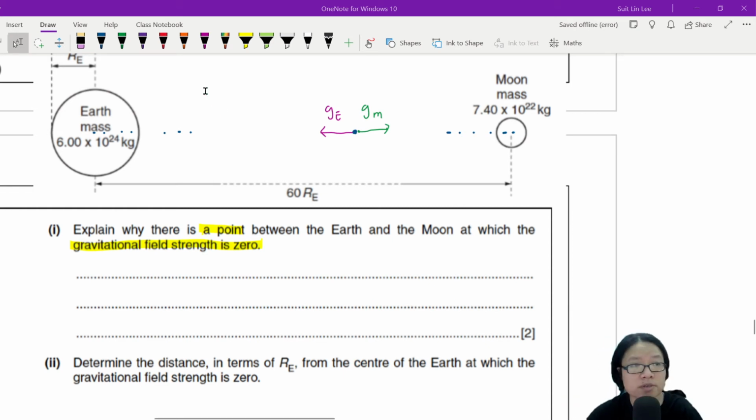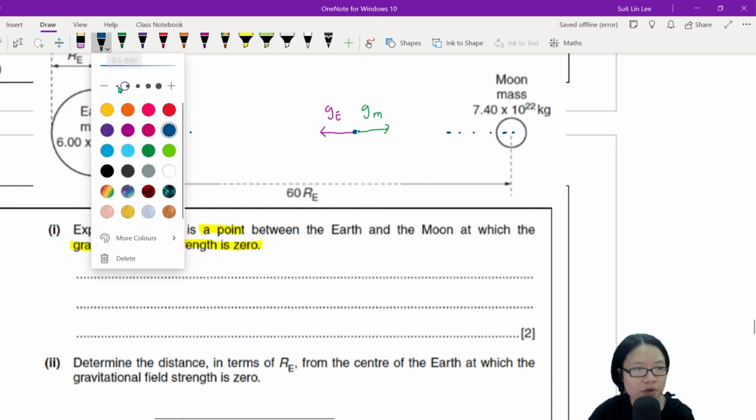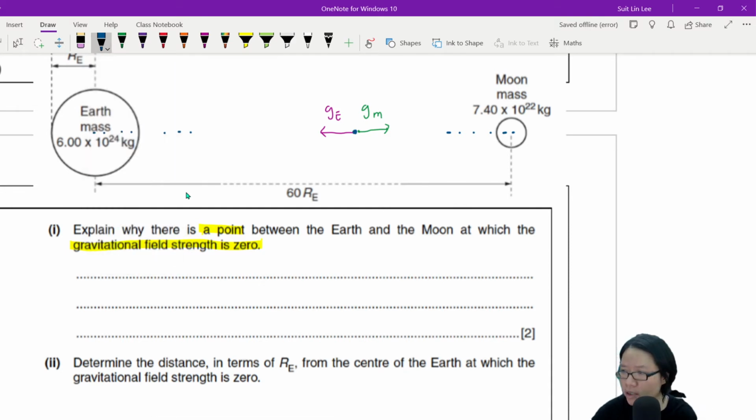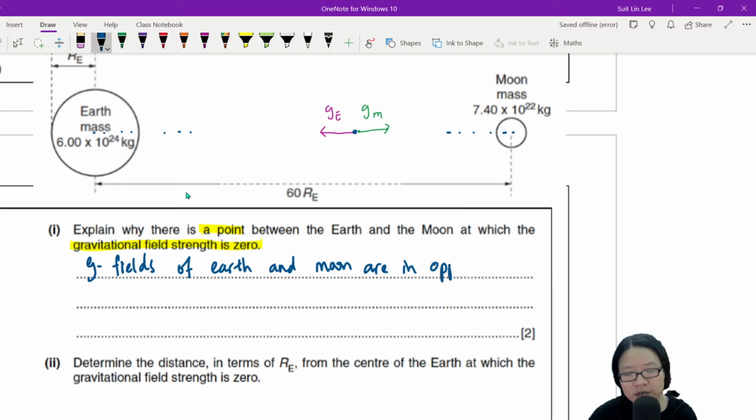So 2 points. First things first, we will say that the gravitational fields, the G fields, of Earth and Moon are in opposite direction.